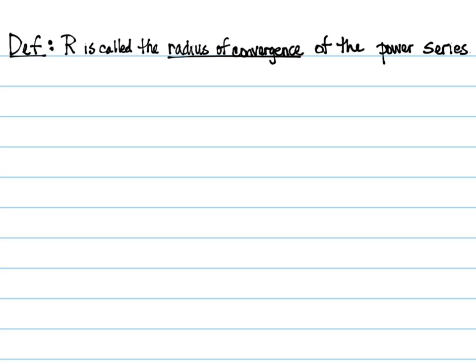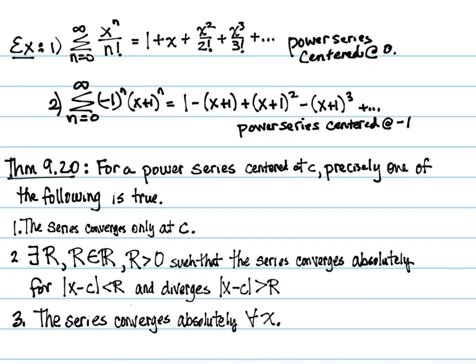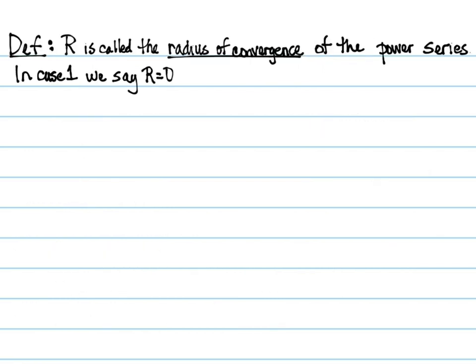In case 1, we say R equals 0, because it only converges at that single point, right? Case 1 over here is it converges only at C. There's no radius. There's no interval of numbers for which it converges. So we say that the radius is equal to 0.